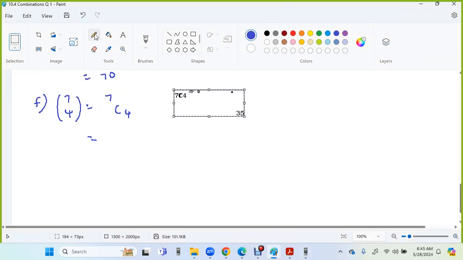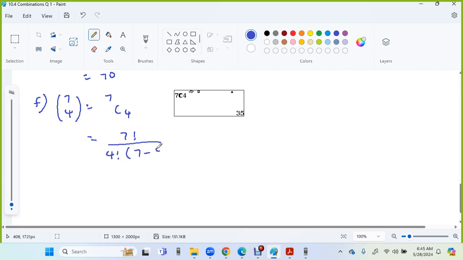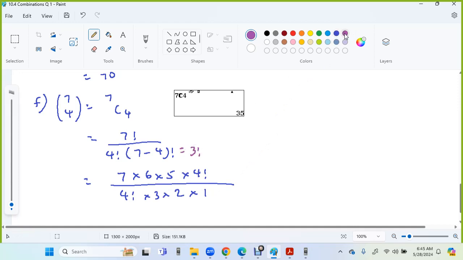So we have 7 factorial over 4 factorial times 7 minus 4 factorial. So 7 times 6 times 5 times 4 factorial over 4 factorial times 3 times 2 times 1, because this one is 3 factorial. So the 4 factorial here we can cancel. 2 and 3 cancel with the 6. Then we have 35. Okay, done.